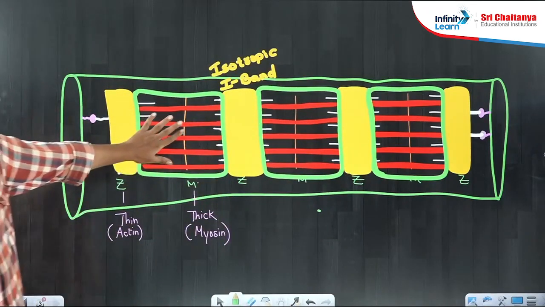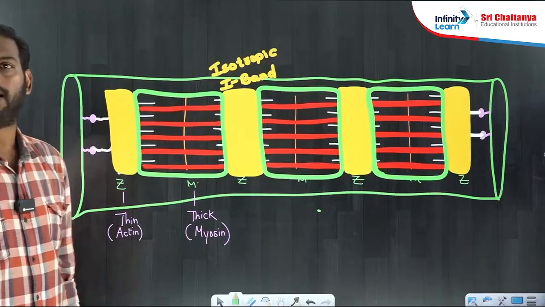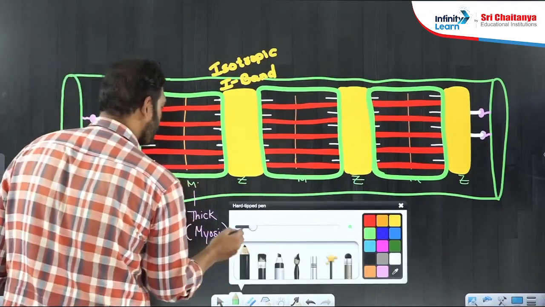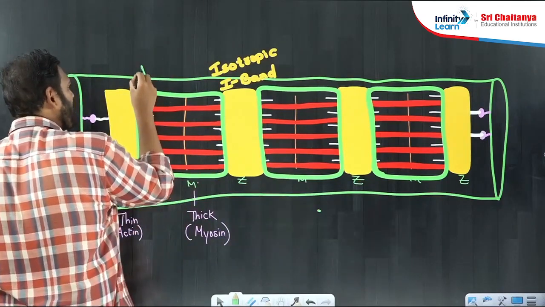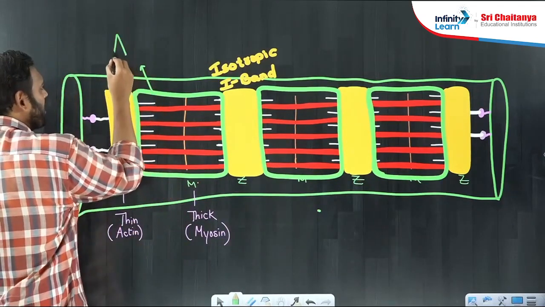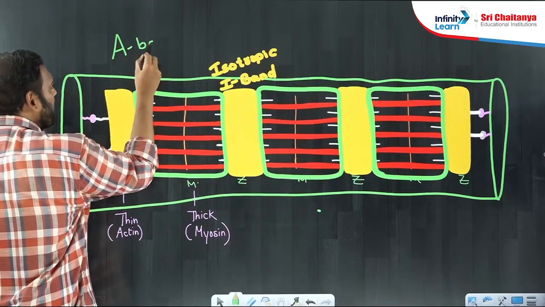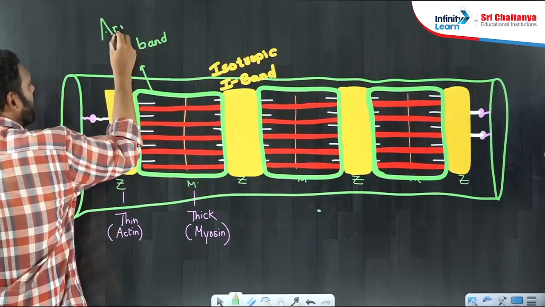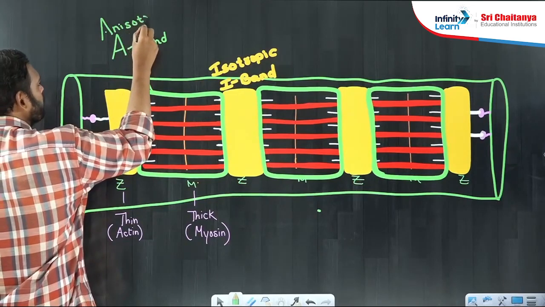So as we can see, both thin and thick are present, and both are not exactly the same, so we can call this structure or band the anisotropic A band. A stands for anisotropic.